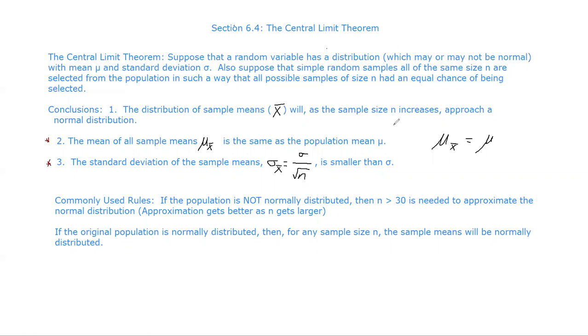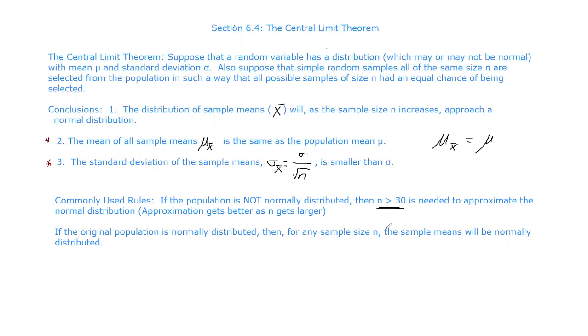In order for our approximation to be good enough, if the population is not normally distributed, then we're putting a minimum value. We need to have sample sizes bigger than 30. If it's smaller than 30, what's going to happen is if you try to estimate a non-normally distributed set with a normal distribution, there's going to be an error in there.